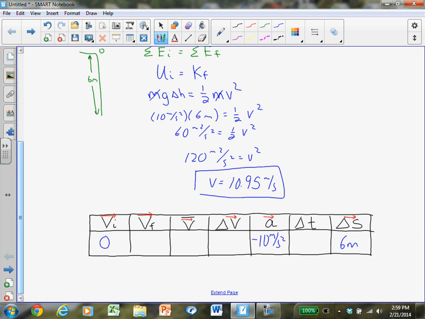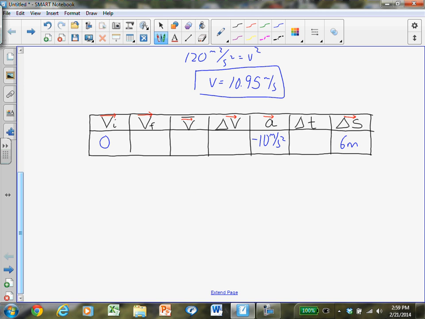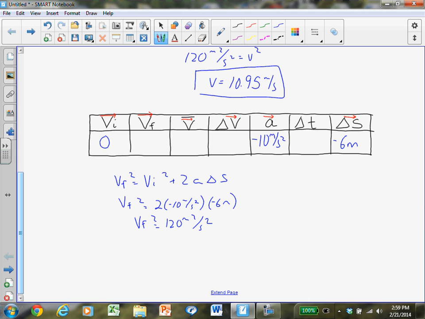And to get that speed, Vf squared equals Vi squared plus 2a delta s, so Vf squared is 2 times -10 times -6 meters, because it's falling, which is 120, and of course that's going down at -10.95 meters per second.